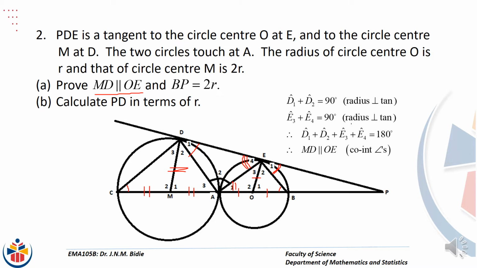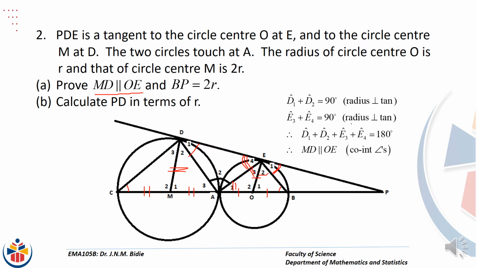So that means A1 will also be equal to E3, base angles of an isosceles triangle because OE and OA are equal. Also, here we have E2 equal to angle OBE, base angles of an isosceles triangle because OB is equal to OE, they're equal to R.